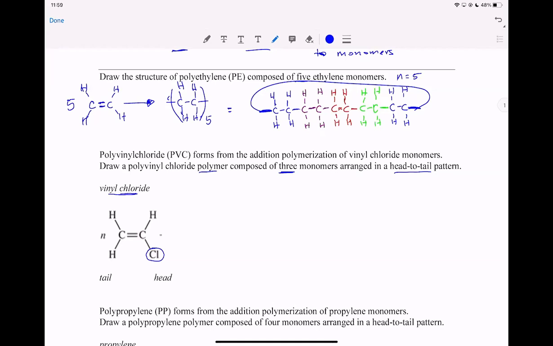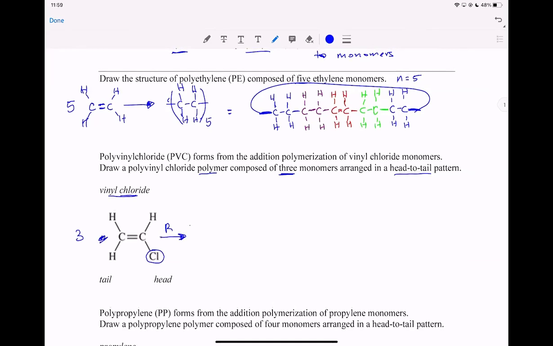So to write this as the general reaction, this is having 3 of these, not just n, but 3 of these. And then you will have the reactive catalyst that starts this, the generic R dot. And then this will form the polymer, which has a single bond between those 2 carbons, not the double bond. So the double bond becomes a single bond.